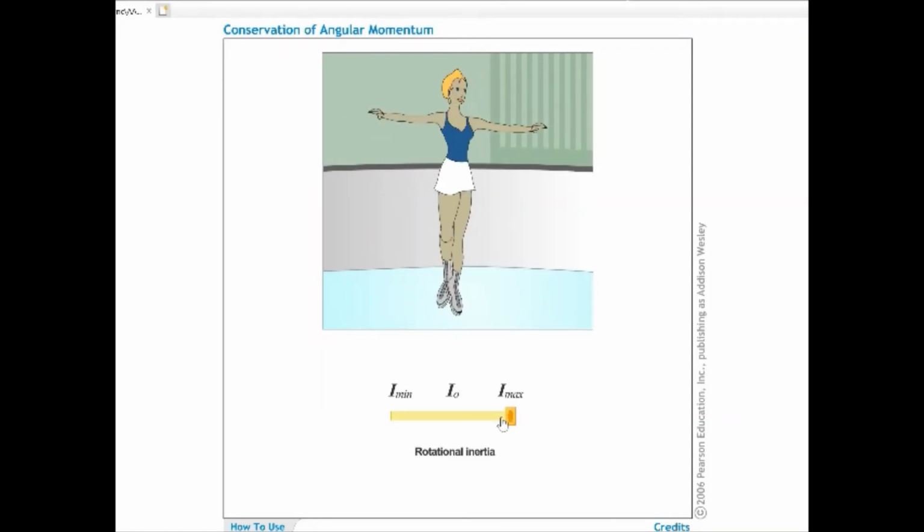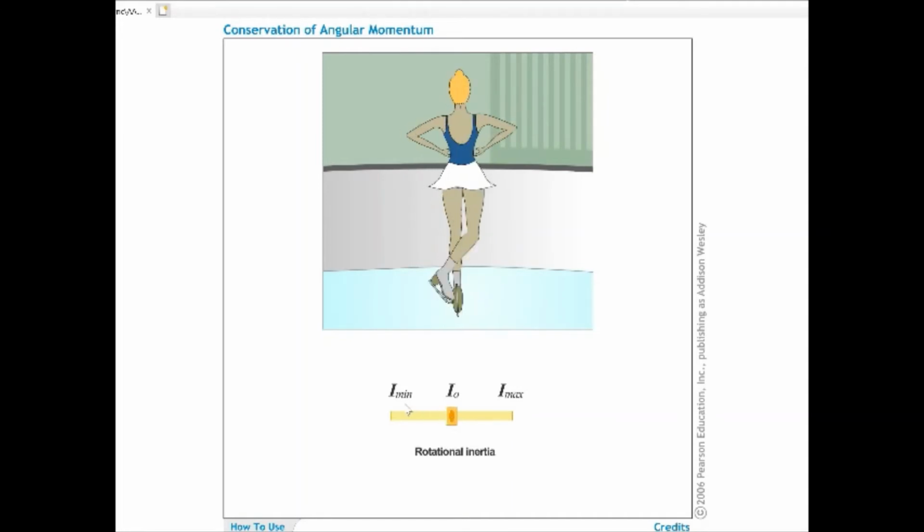And so to conserve angular momentum, because the rotational inertia has gotten larger, the angular velocity omega has gotten smaller, so that the product of rotational inertia times angular velocity remains the same. So when she has less rotational inertia, she has more angular velocity.